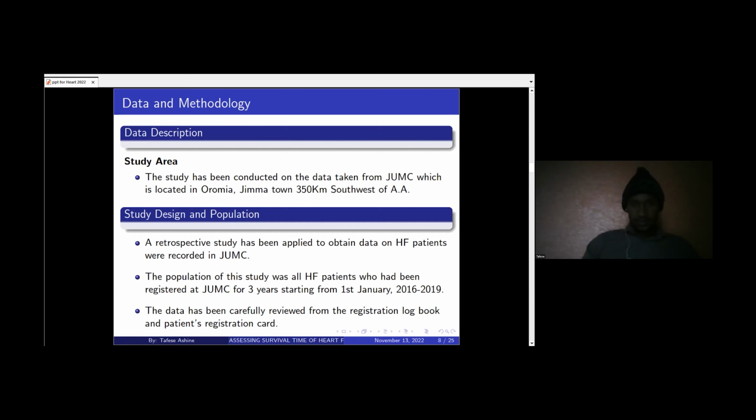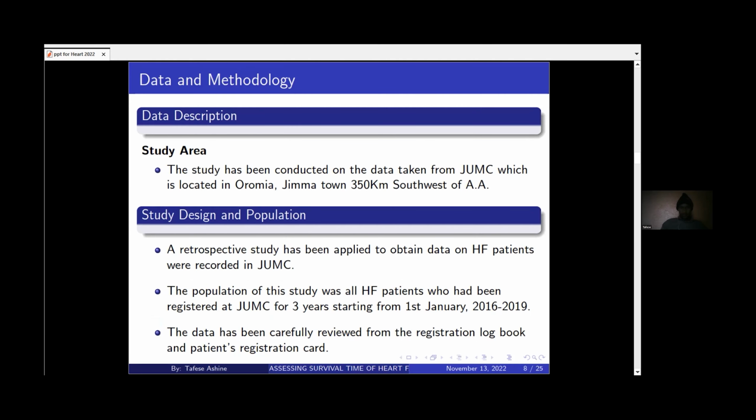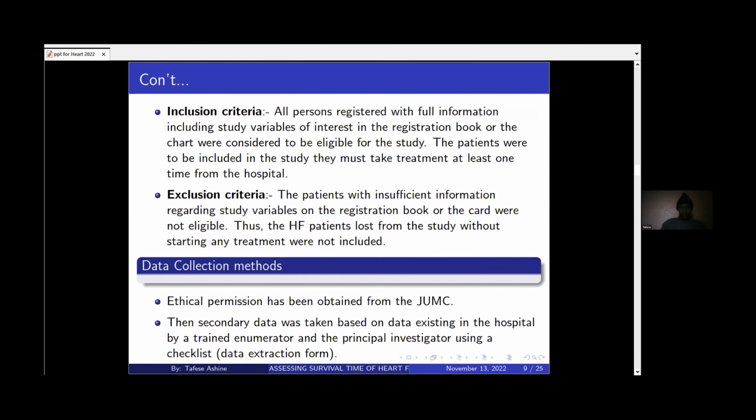The population of this study was all heart failure patients who had been registered at the Medical Center for 3 years, starting from 1st January 2016 to 2019. The data has been carefully reviewed from the registration logbook and the patient registration card.